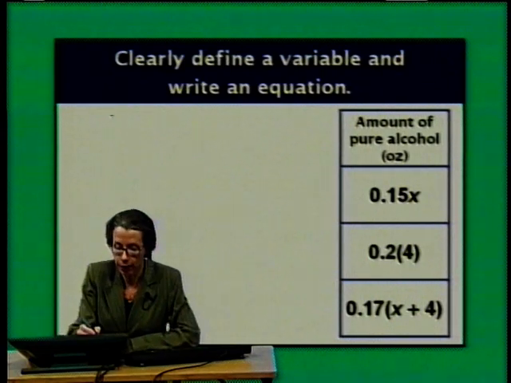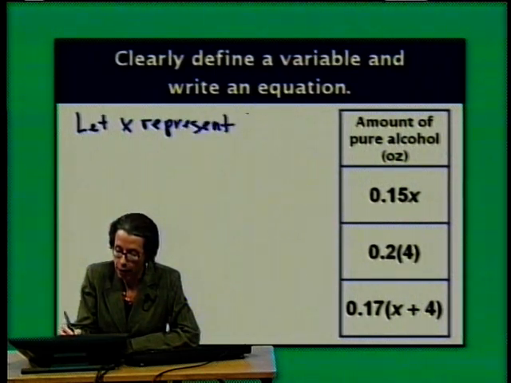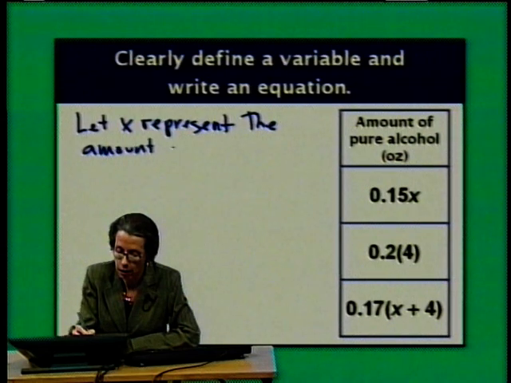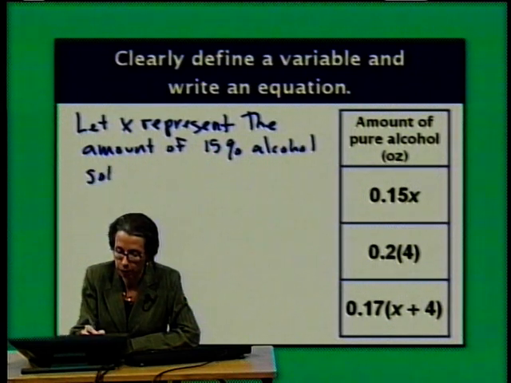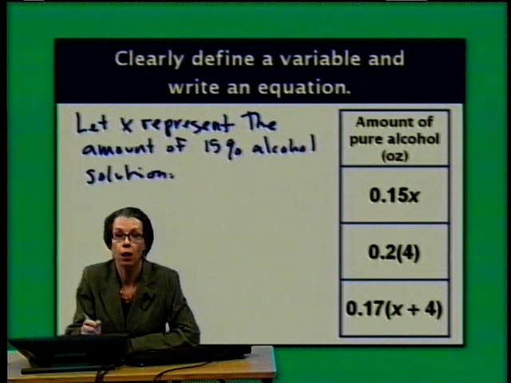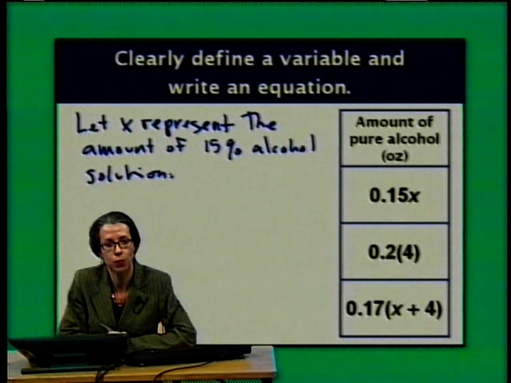So I'm going to start by letting X represent the amount of 15% alcohol solution. So I also have another expression in my problem in terms of X. That's X plus 4. What does X plus 4 represent?